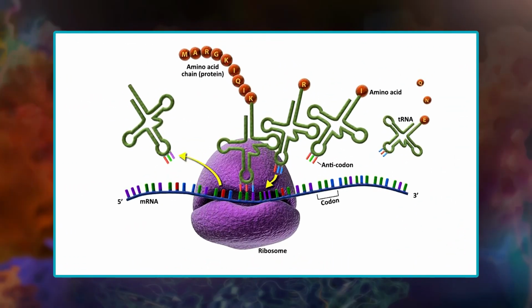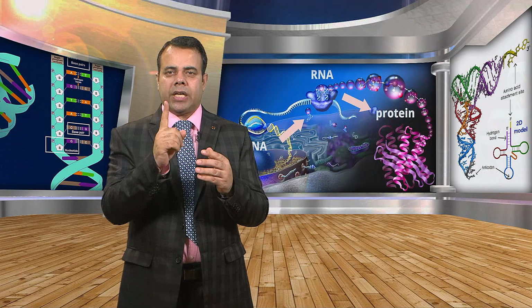Proteins are built from smaller units called amino acids, which are specified by 3 nucleotide mRNA sequences called codons. Each codon represents a particular amino acid, and each codon is recognized by a specific tRNA molecule.